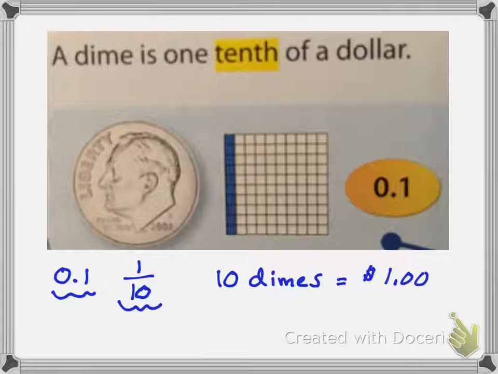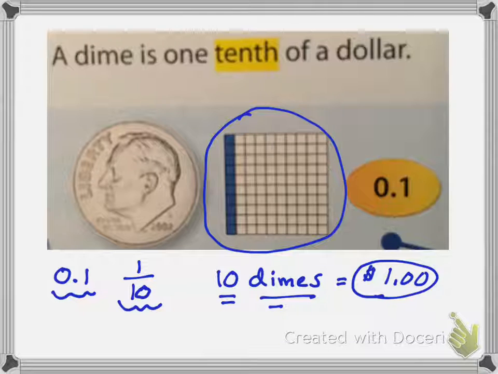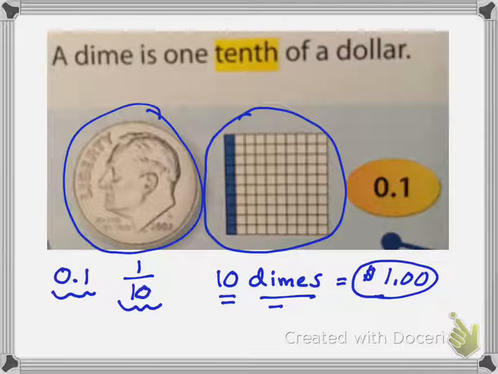And we know that 10 dimes equals $1. So here is this grid that really shows you what it looks like. If this whole thing was filled up, this would be one whole. But just one dime, one of these, is just equal to this particular shaded area, 1/10.